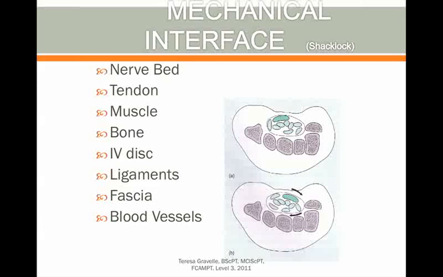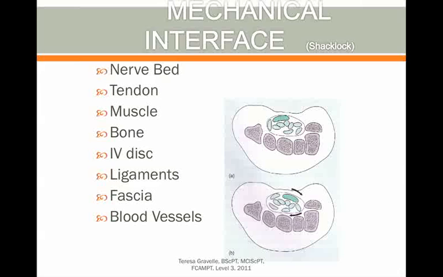Some examples of mechanical interfaces: the Achilles tendon is the mechanical interface to the sural nerve. The supinator muscle is the mechanical interface to the posterior interosseous branch of the radial nerve. The neck of the fibula is the mechanical interface to the common peroneal nerve at the knee.